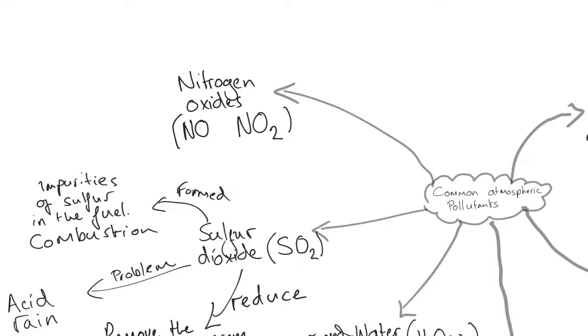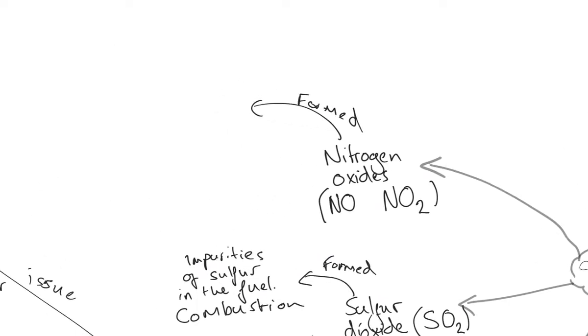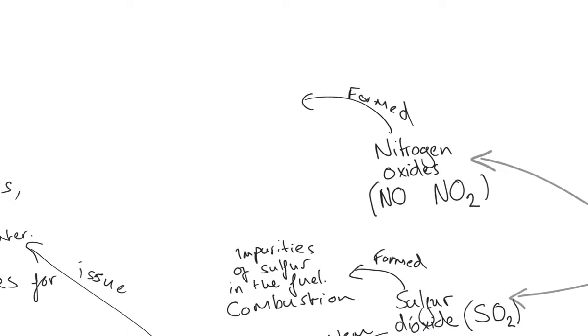How are nitrogen oxides formed? Well, you should hopefully know that there's a lot of nitrogen in the atmosphere. In fact, the atmosphere is nearly 80% nitrogen.